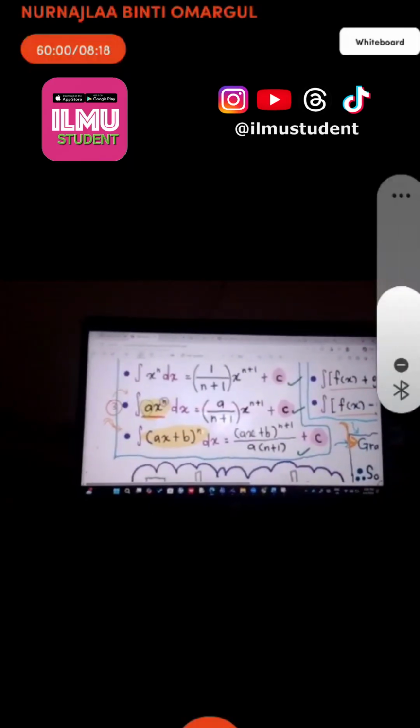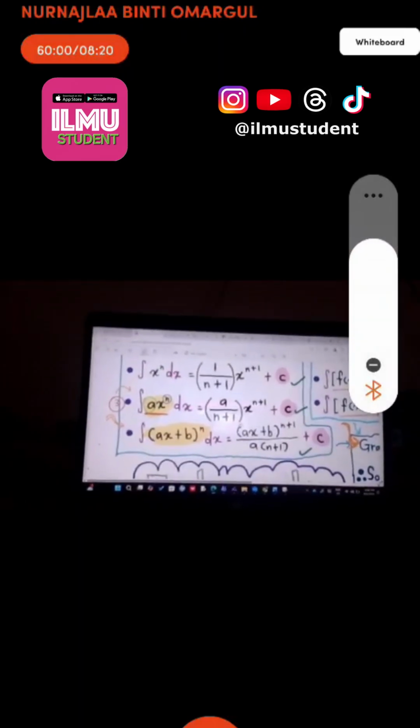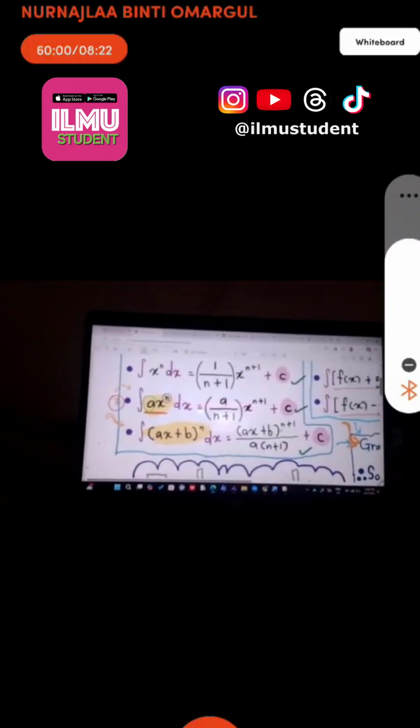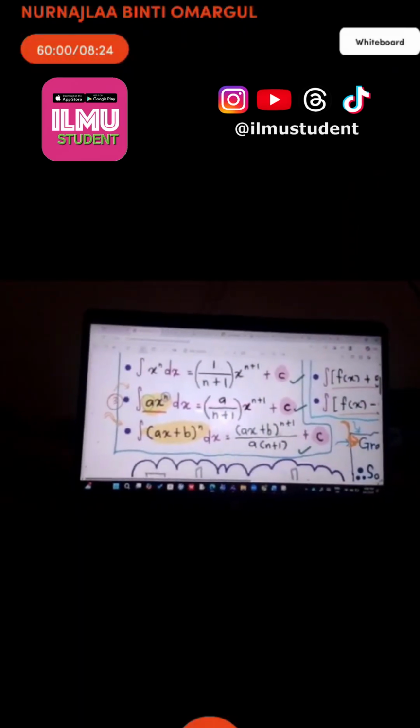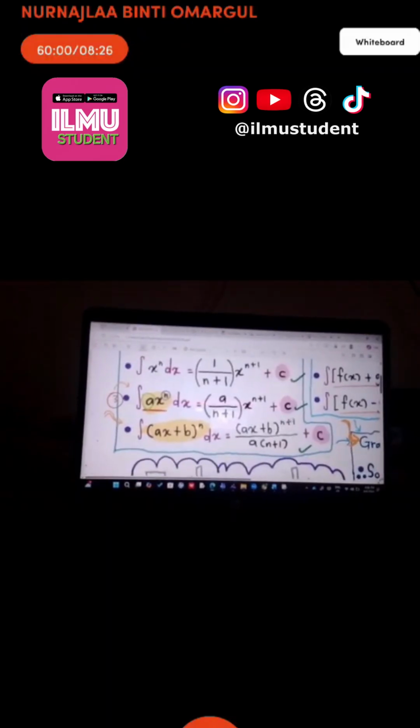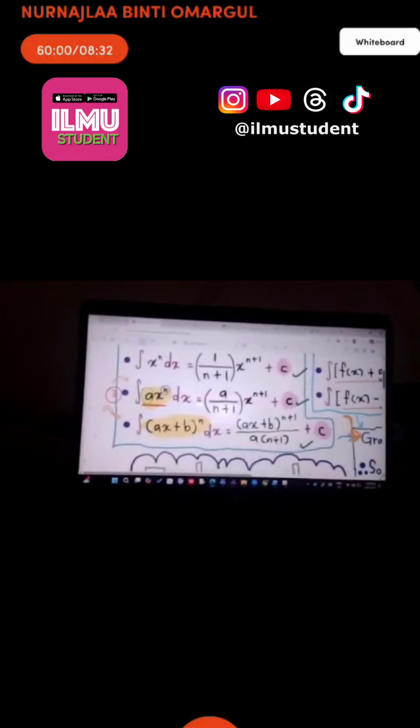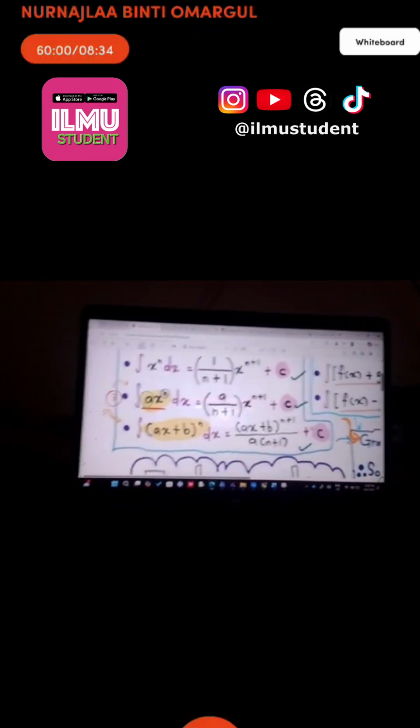Bracket ax plus b close the bracket to the power of n plus 1 over a bracket n plus 1 plus c.